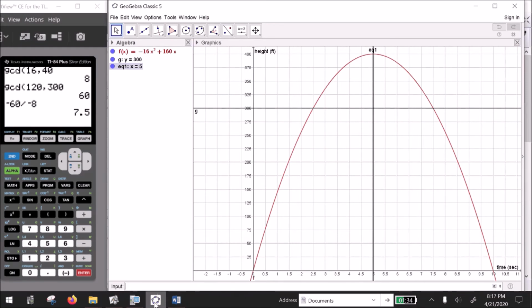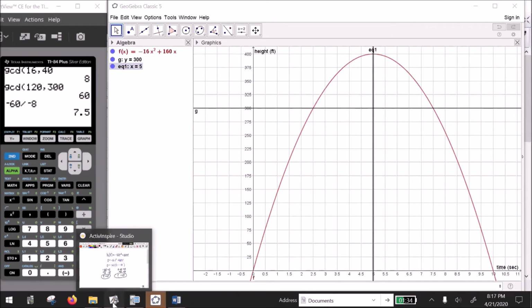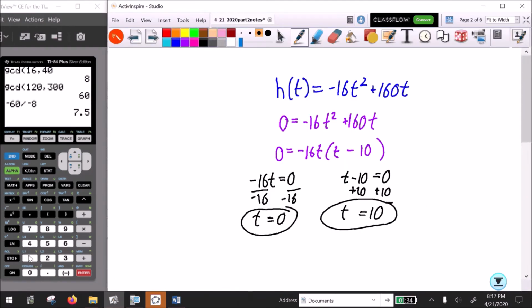Well, what number is halfway in between 0 and 10? To always answer that, sometimes it can be decimals, you just add up the two numbers and divide them by 2. So that means that the axis of symmetry, which is located halfway in between the two zeros, is at 5.